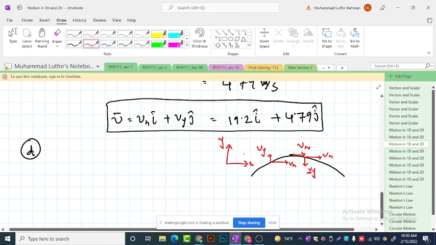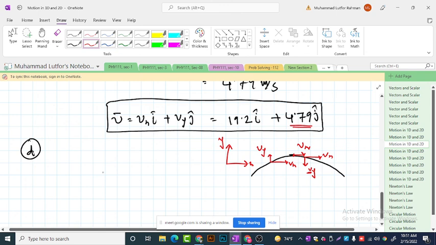Since in this problem, when it strikes the wall, the Vy component is still positive. It has not become 0. That's why it's not at the maximum point. It is still going in the upward direction.